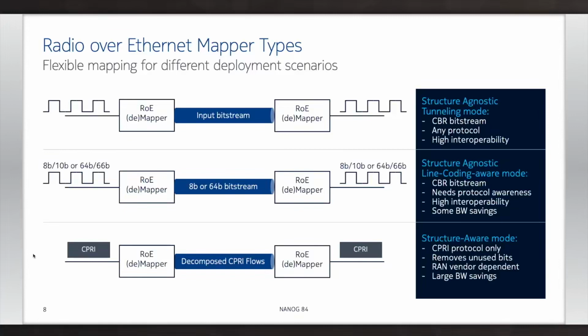So those are the three types of ROE mappers, and with that, we can now use a fully packet-based infrastructure to transport both the new eCPRI packets that come in the newer radios, as well as the CPRI radios, and create a fully packet-based infrastructure for fronthaul. Centralized radio still, as of beginning of 2022, has not been so widely deployed.